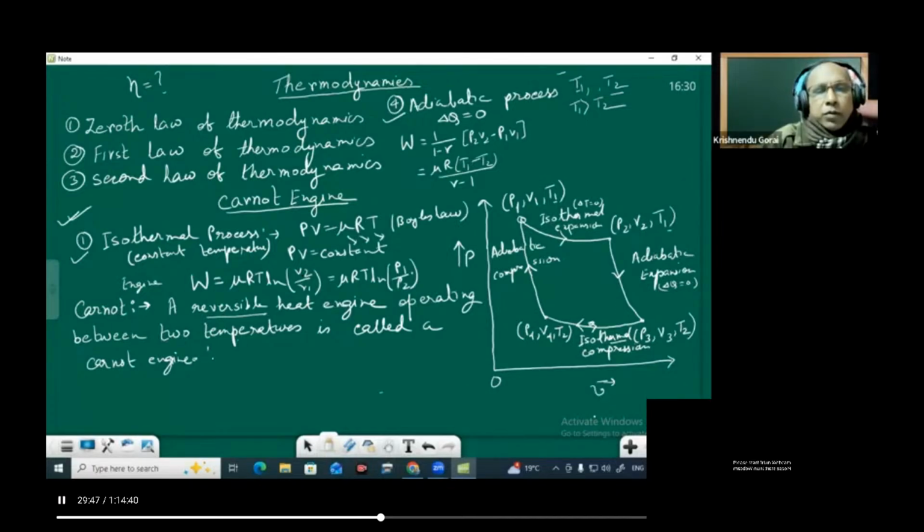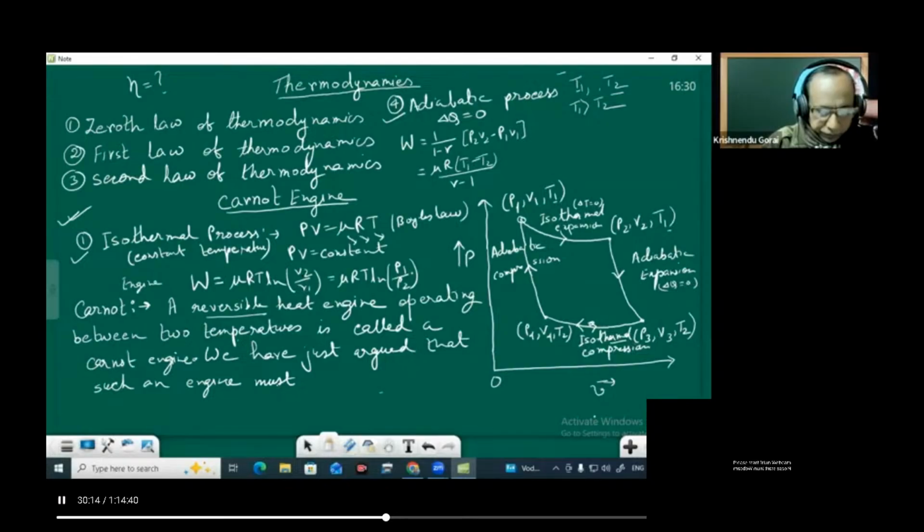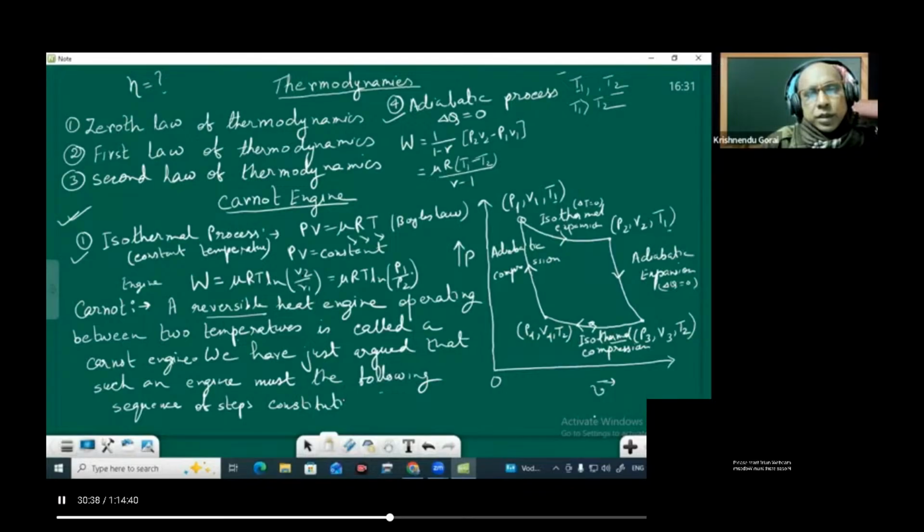We have just argued that such an engine must have the following sequence of steps constituting one cycle.